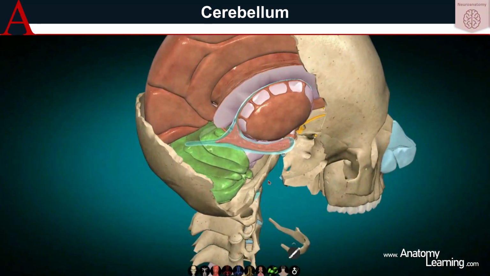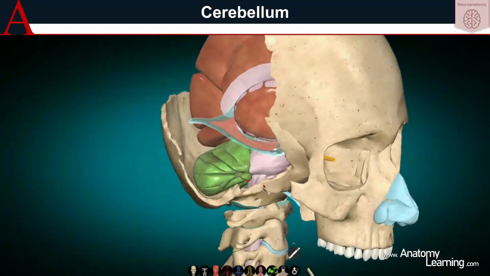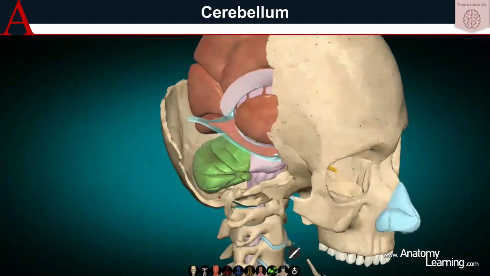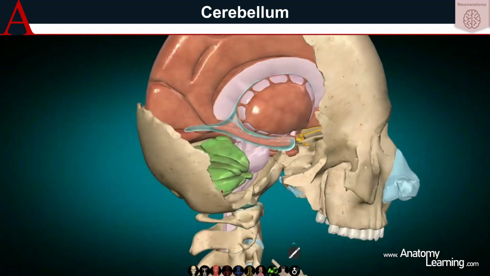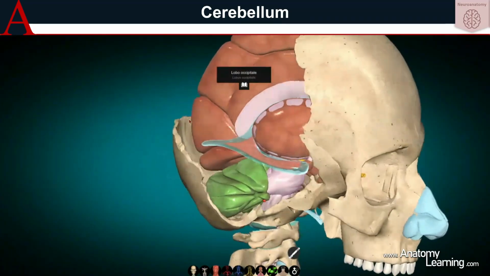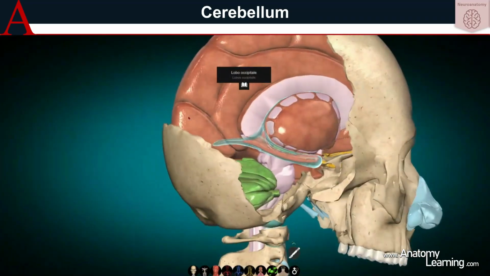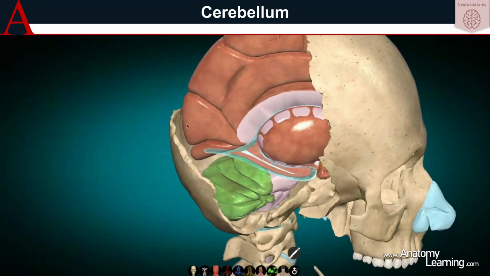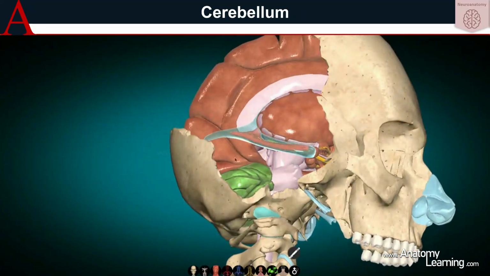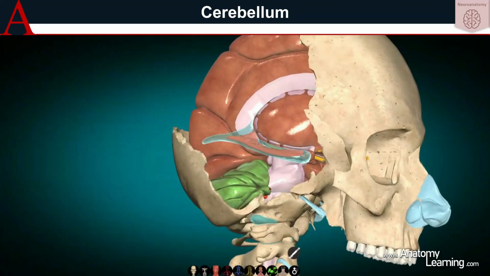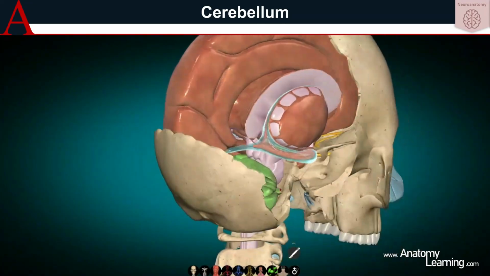The cerebellum is an ovoid structure located within the posterior cranial fossa, in the cerebellar fossae of the occipital bone. The two occipital lobes of the brain lie over it, which are separated from the cerebellum by a fold of dura mater called the tentorium cerebelli.